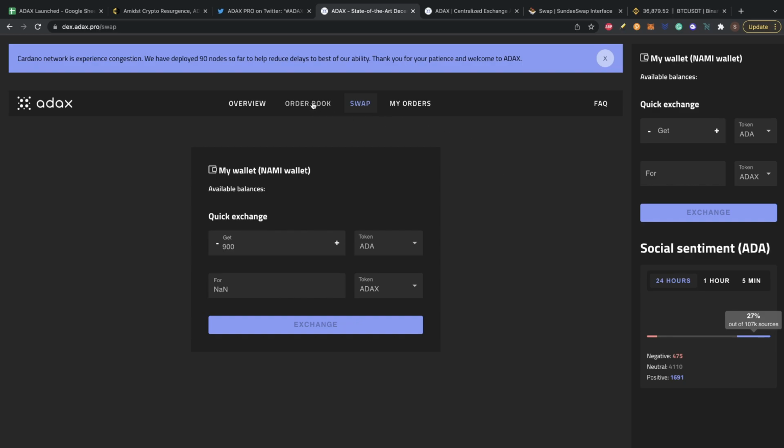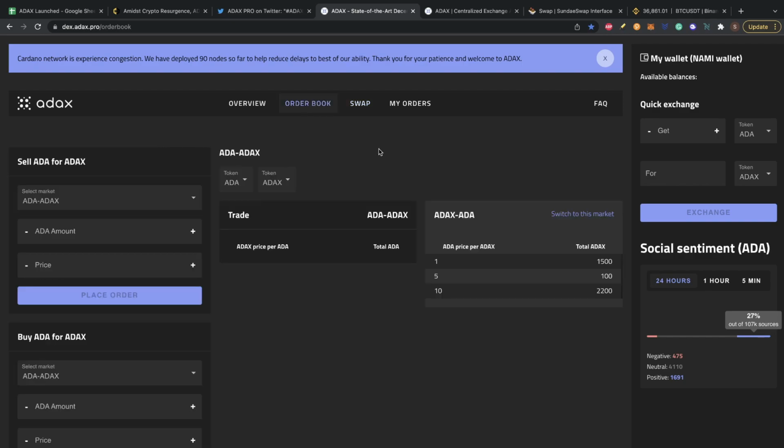Of course, we are using an order book model. Right now, I am already connected with a NAMI wallet. But when you enter the first time, you don't have a button to connect your wallet. You just have the pop-up of connection of the wallet, which is super invasive. So I would like for the ADAX team to add the connect wallet button.